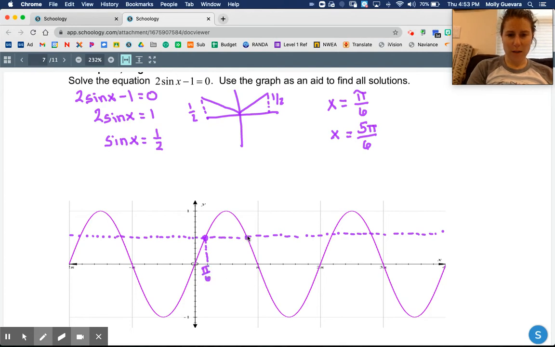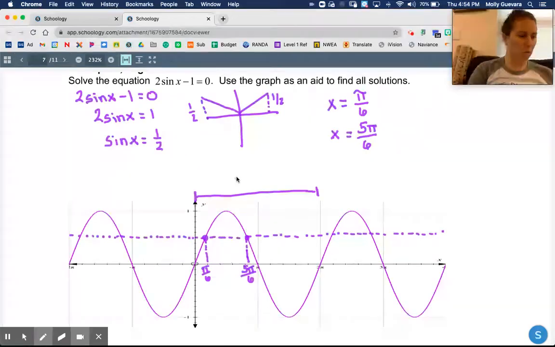It's also 1/2 here at 5 pi over 6. And that's the only time that it touches in that one period, right? This is one period. This is 2 pi right here.